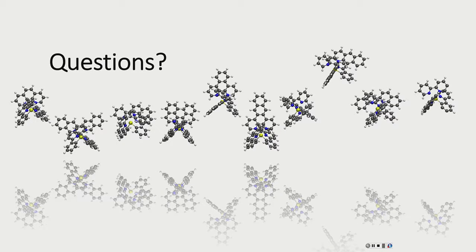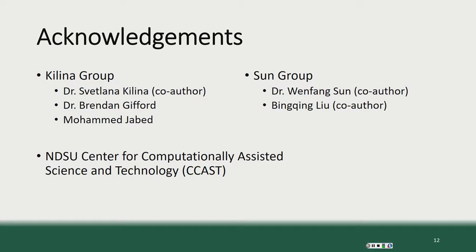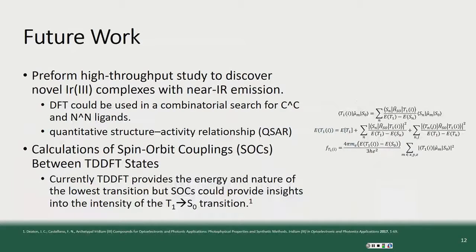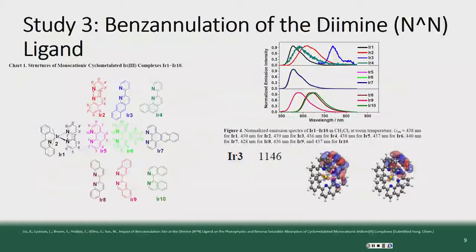And when I showed emission, they were always normalized. So all of these are normalized. And if you notice here, this is very smooth, where this is pretty jagged. So you could also play with how bright the compounds are.